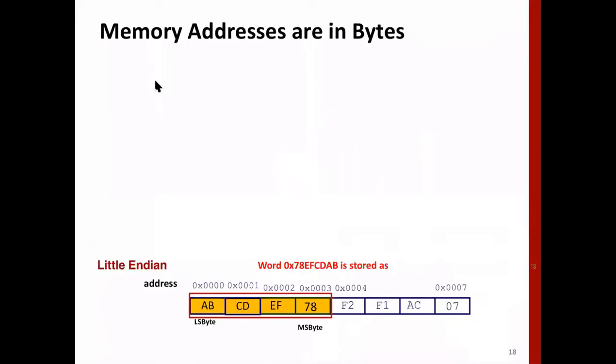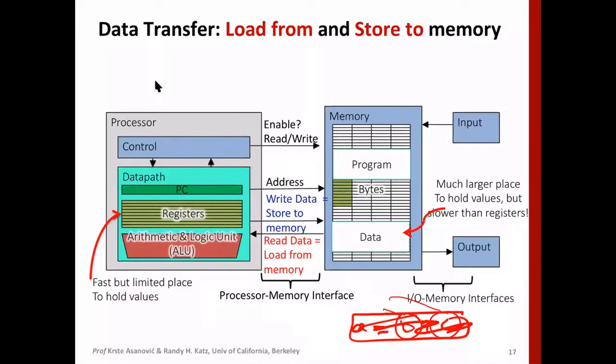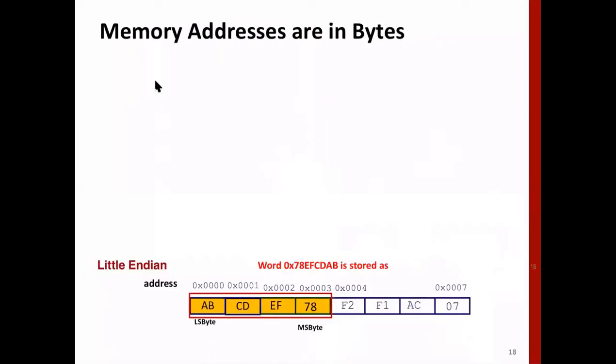So now we have a set of instructions for getting the data. Load is nothing but loading the register from a memory location, and store is nothing but taking the register value and putting it into memory. So it's reading and writing.